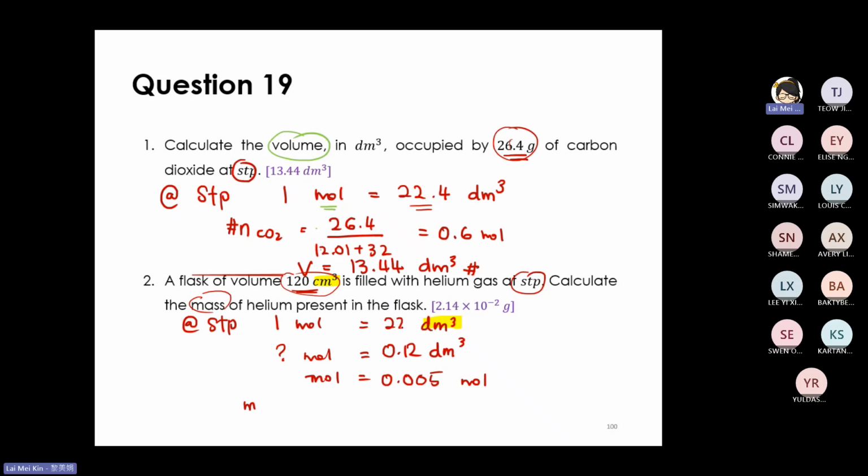Thank you very much. Yes, 22.4, not 24. So 0.12 divided by 22.4, so 0.00536, is it?